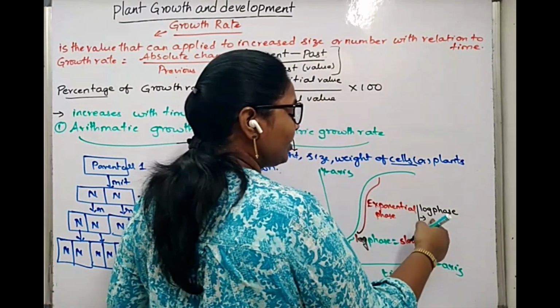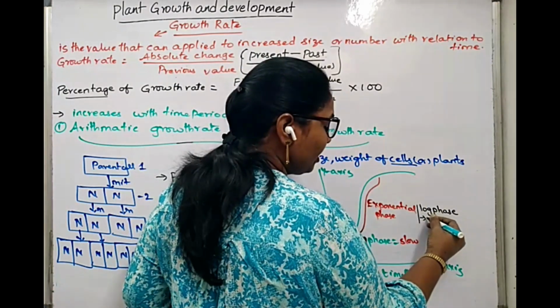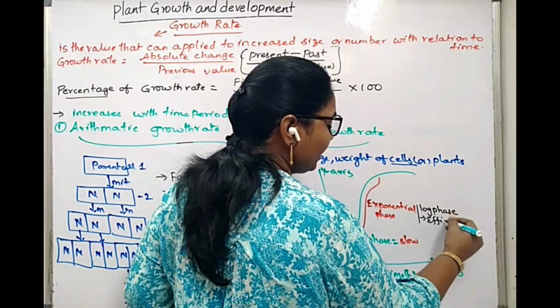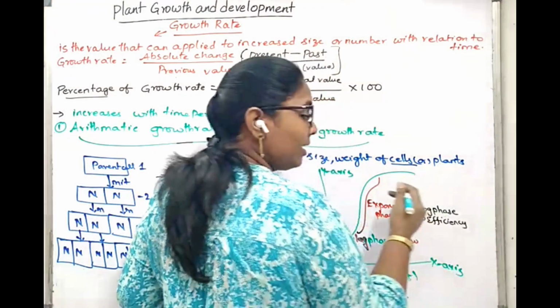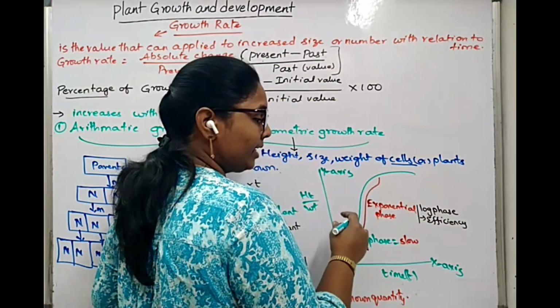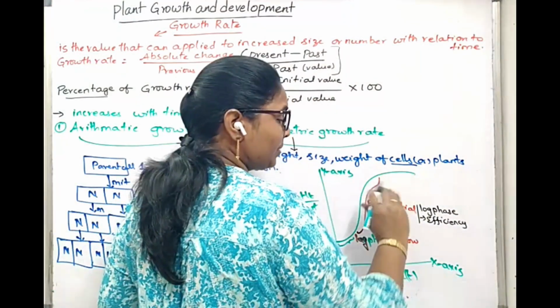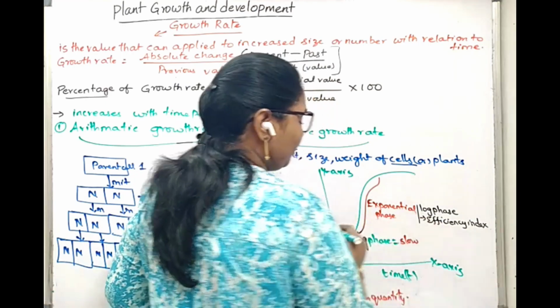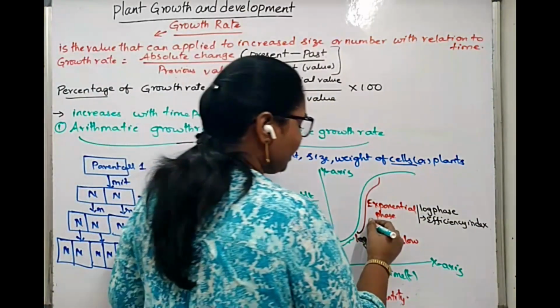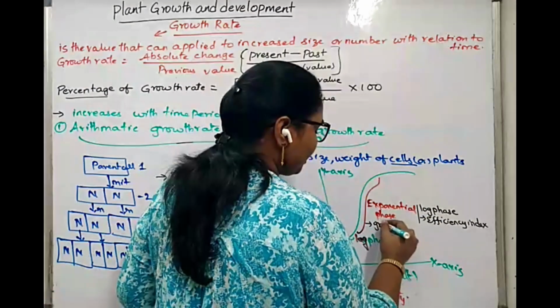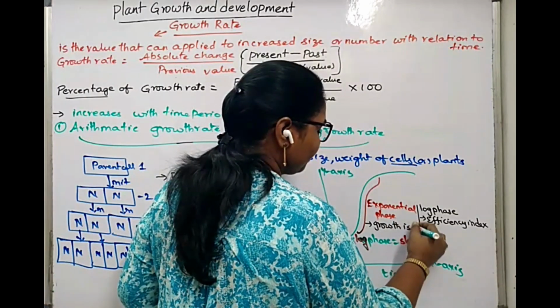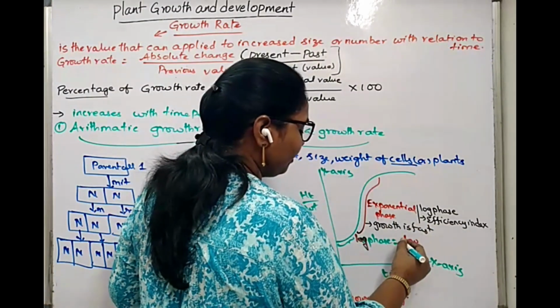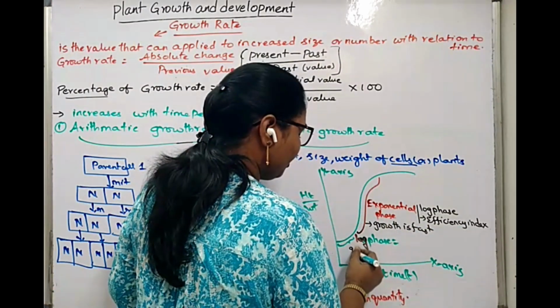Now here, in case of log phase, this is also termed with efficiency index. Efficiency of any type of cell can be calculated only when it is in exponential phase. Now, here cells are very active, growth is fast. Here we have already written as growth is slow.